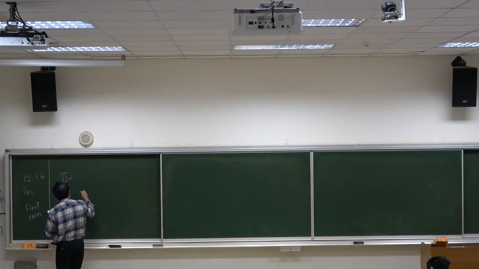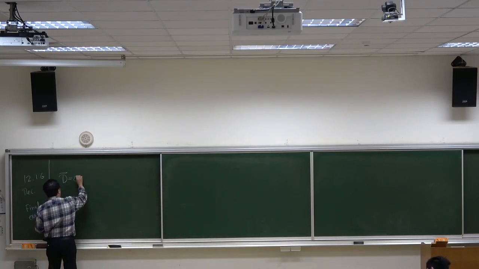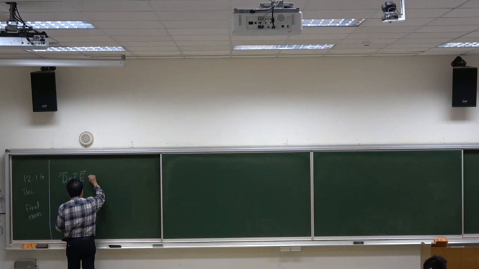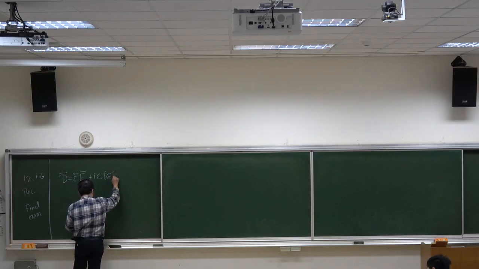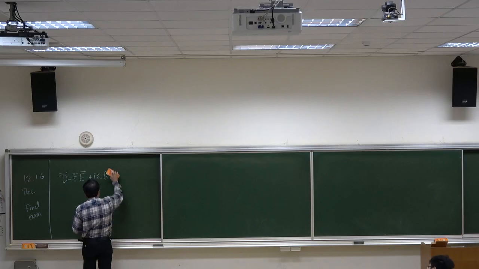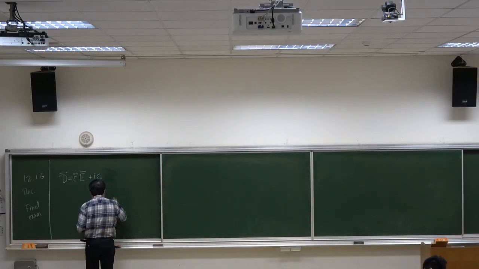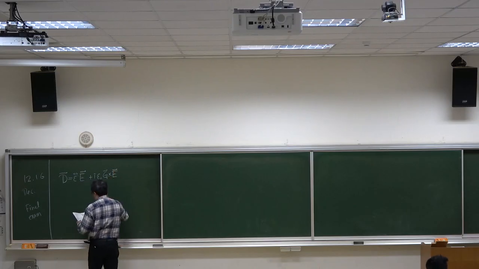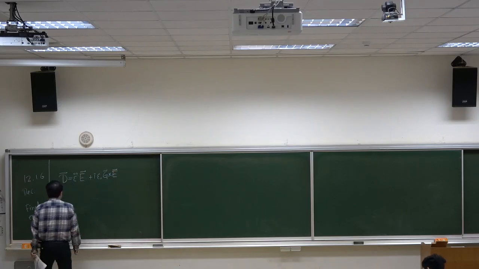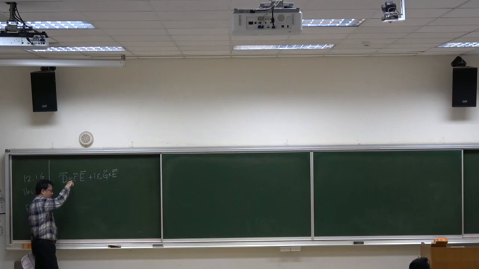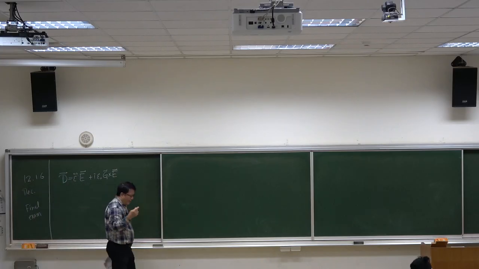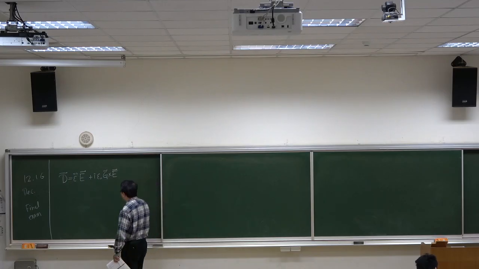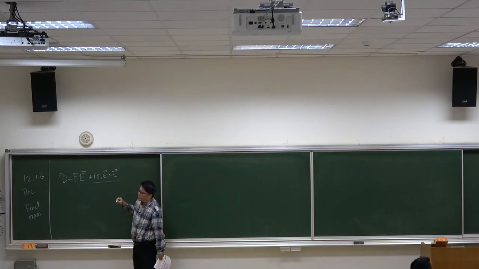In optically active medium, we can write up this result. Here we have G cross E. This epsilon is the epsilon when optical activity is turned off.